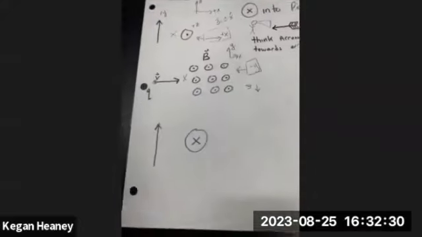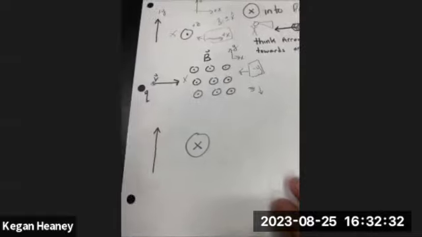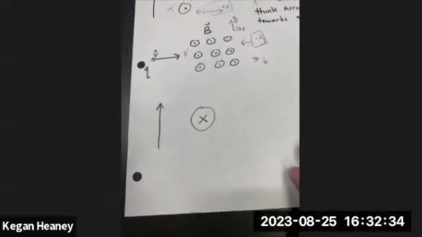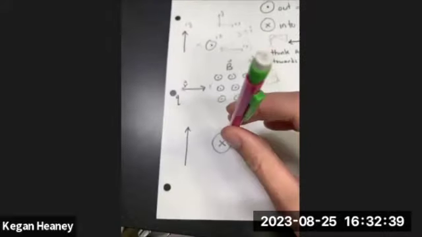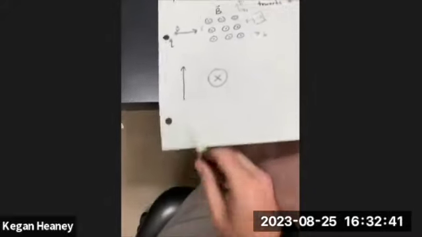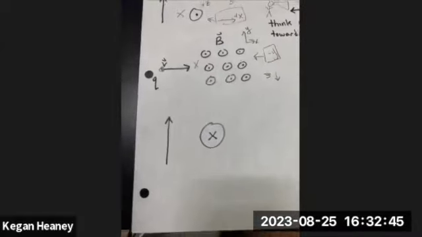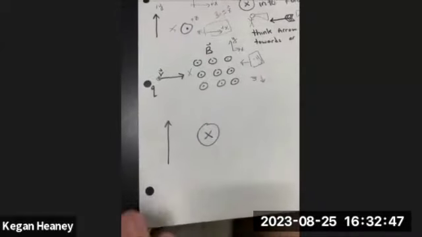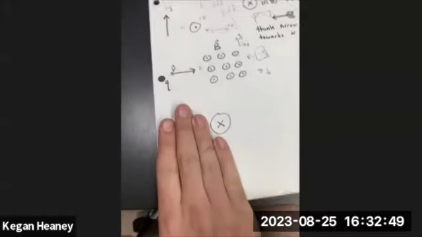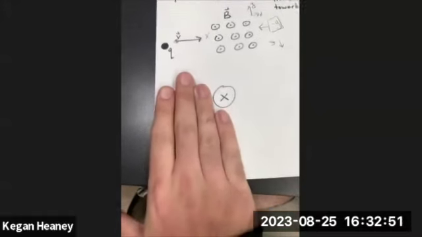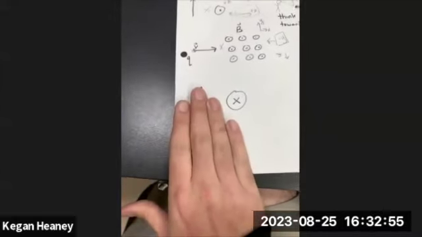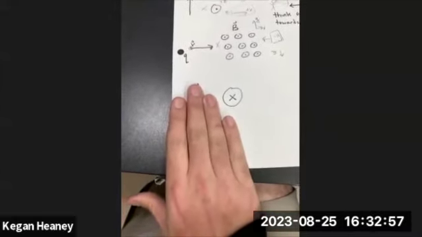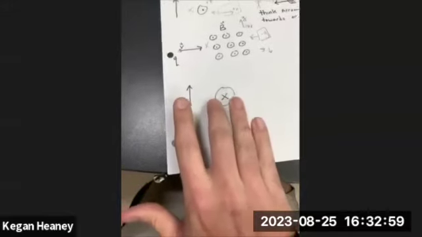All right. And I'm going to show you one more just to show you into the page. Pretty straightforward. So if you're looking, this vector is going through the page, down, under the table, into the table. So again, 1 cross 2. So vector 1, my thumb is out, and my palm is face down. Now, the nice thing about this one is that vector is going into the page.